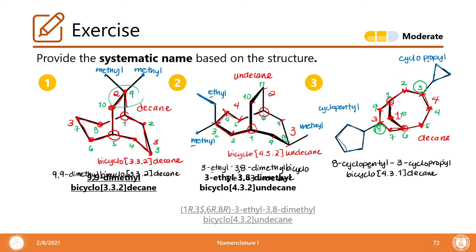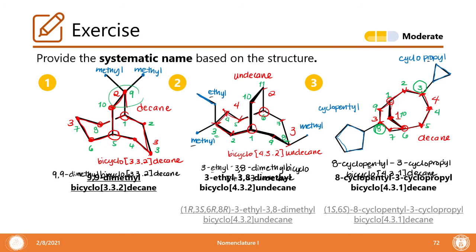Let's confirm if it's correct. 8-cyclopentyl, 3-cyclopropyl, bicyclo 4, 3, 1 decane. Okay, so that's for some substituted bicyclic alkanes.